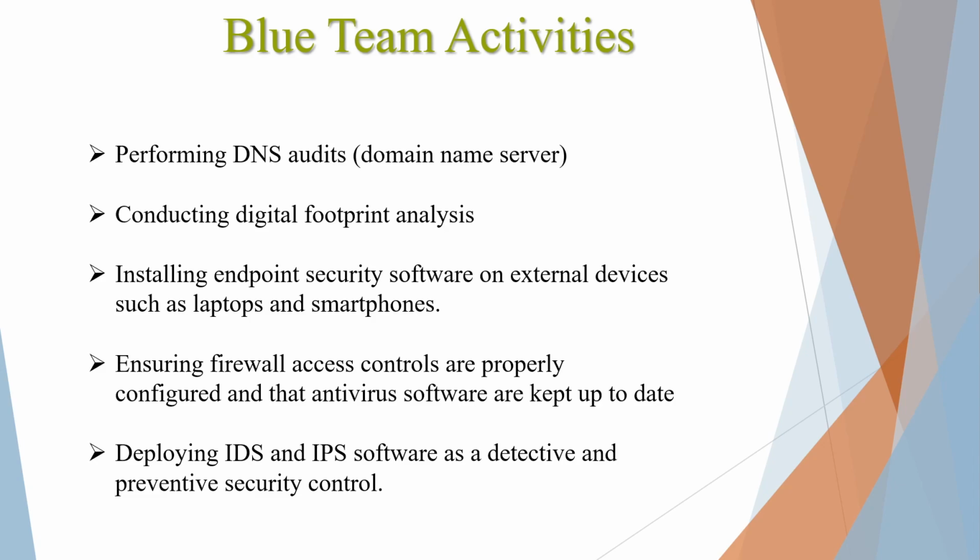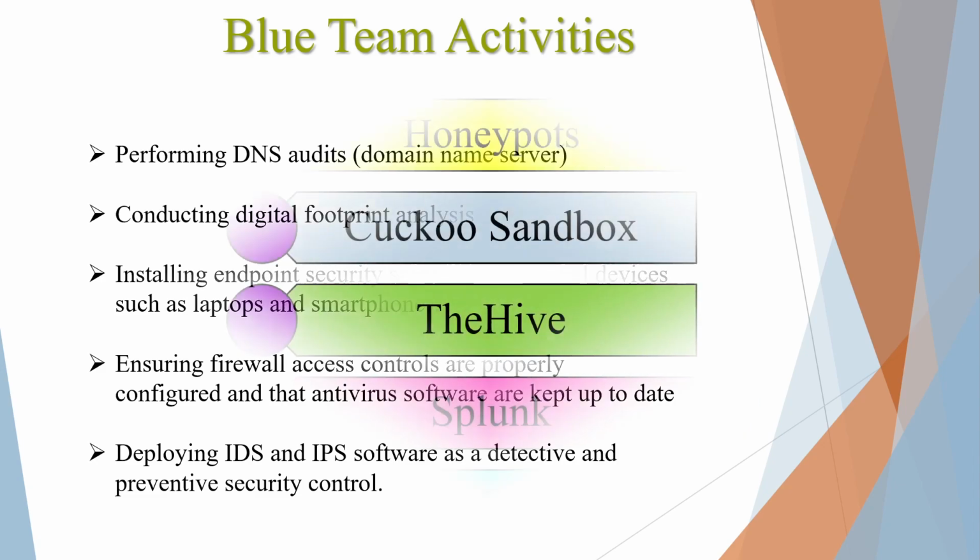Installing endpoint security software on external devices such as laptops and smartphones. Ensuring firewall access controls are properly configured and that antivirus software is kept up to date. The next one is deploying IDS and IPS software as a detective and preventive security control.